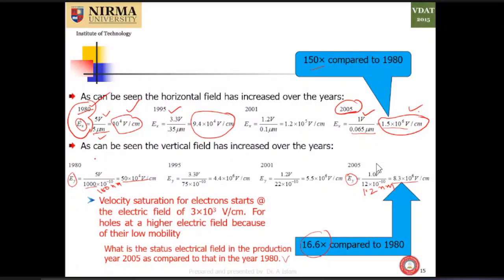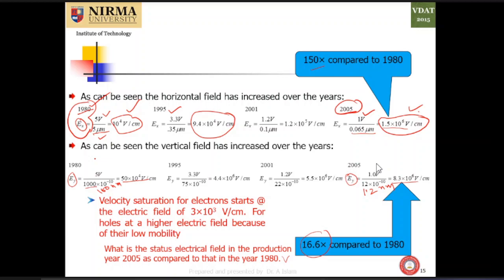And if you see here, the vertical electric field is due to VGS, and it is related to oxide thickness. See that it was 1000 into 10 to the power minus 10, meaning 100 nanometer earlier, whereas the calculation gives you 15 to the power 4 volt per centimeter.